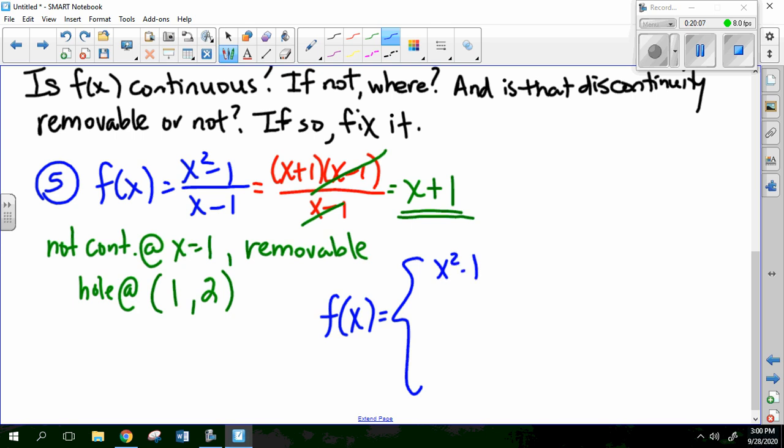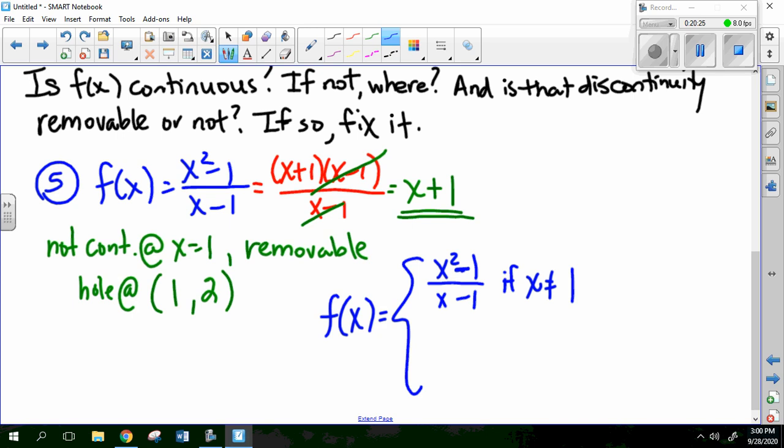Now, the original function is fine as long as x is not 1. That function is continuous everywhere else, so I want to stay with that function everywhere else.